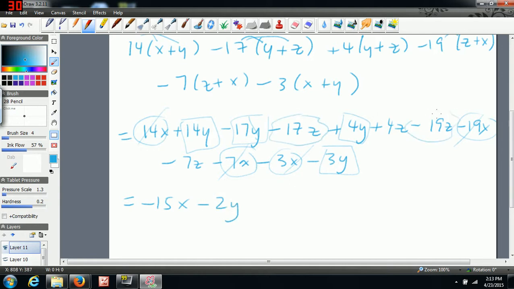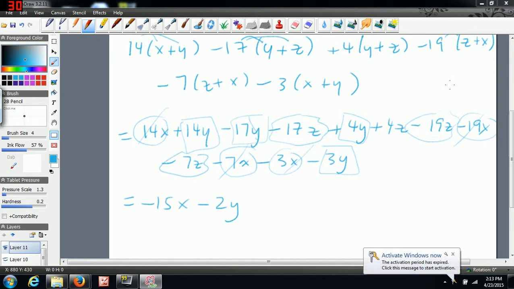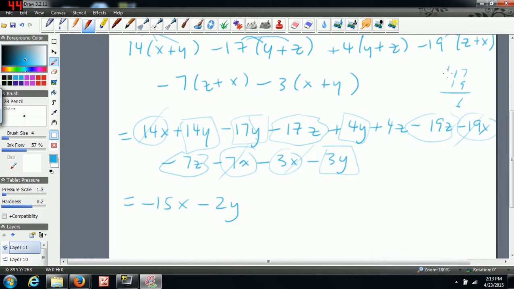Now we're going to do the z's. Negative 17z, okay, now negative 17z minus 19z. Let me just see here, 17 and 19. If I were to actually add those, I would get 36. So that's negative 36z, minus another 7z.